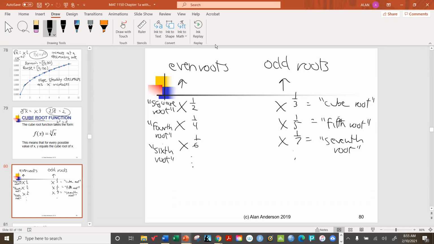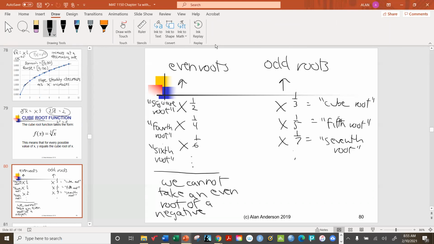So we already know not to take the square root of a negative number, but the same thing holds for all of the even roots. We cannot take an even root of a negative number. This applies to all of them.